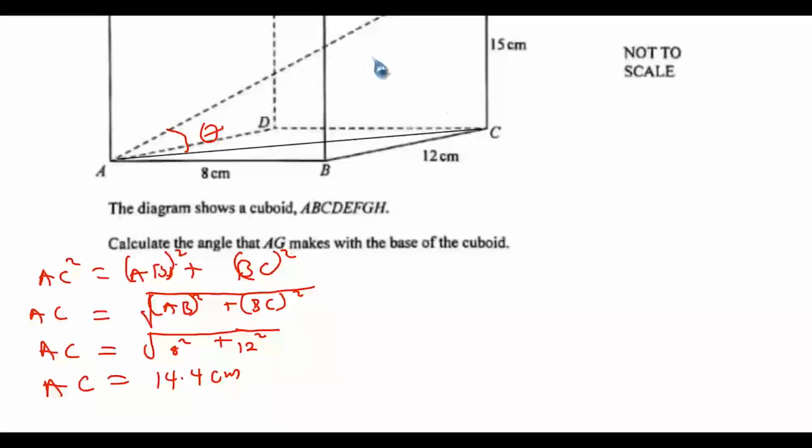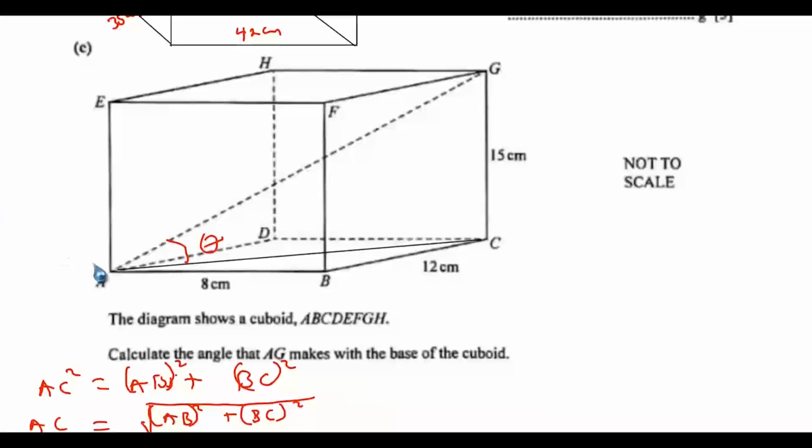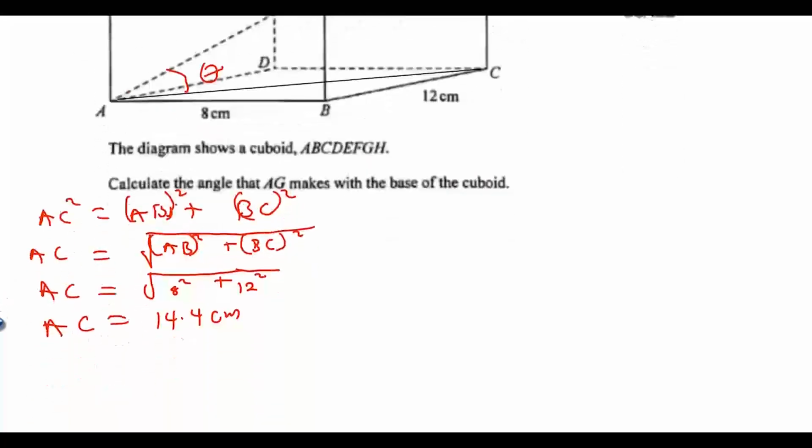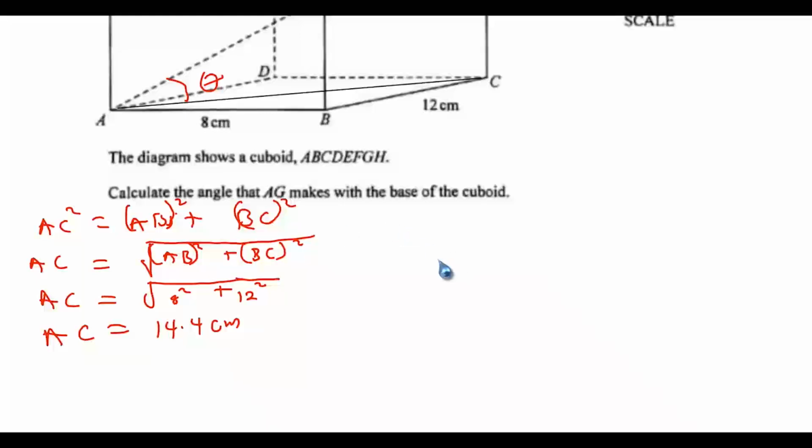From there, this is what we have from this diagram now. We have ACG, so let's sketch that. We have something like this, then something like this. So let's adjust this a little bit.